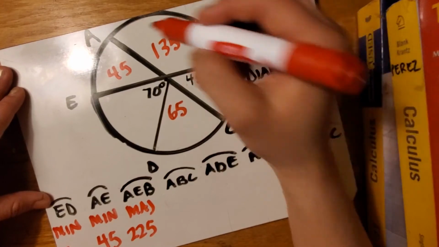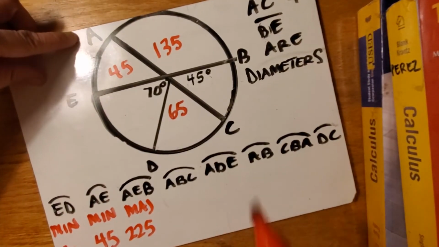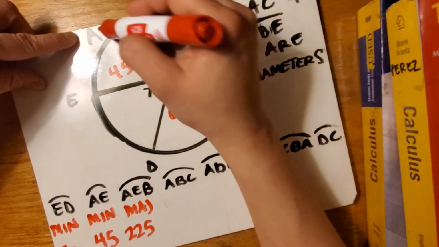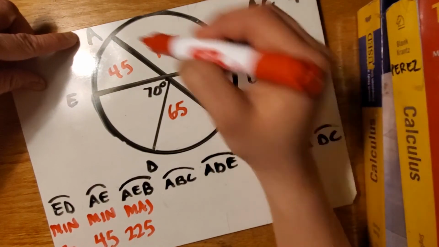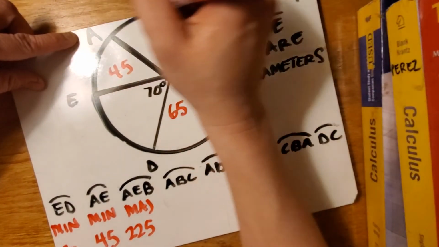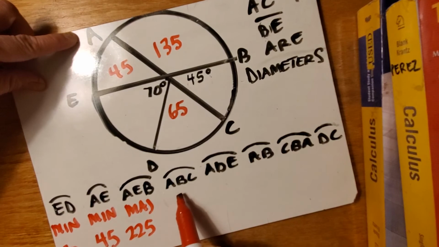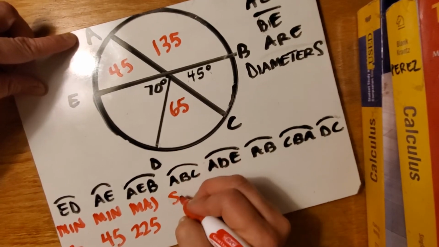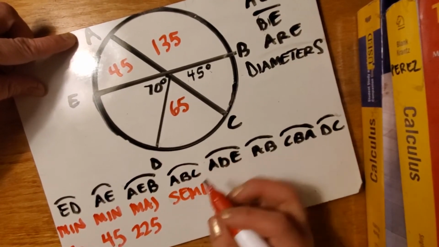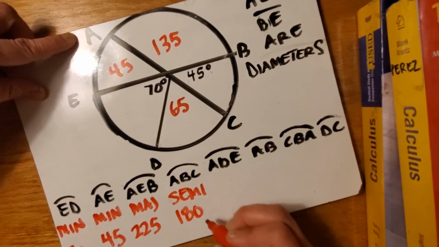ABC. So start at A. I have to go in the direction through B, so I go to the right to C. This is a semicircle, also denoted by three letters. So this is a semi, and it is 180 degrees.